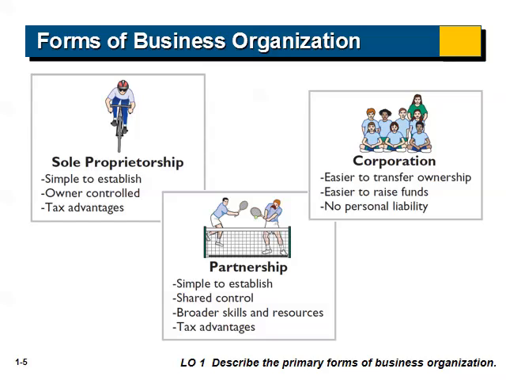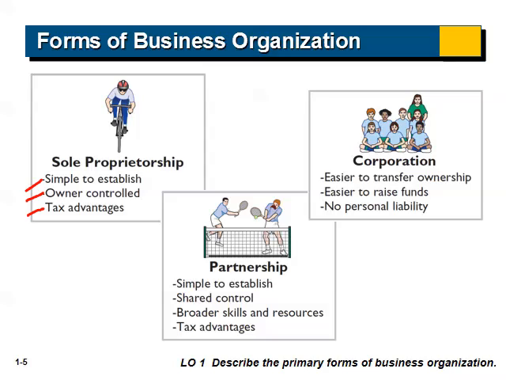If you're by yourself, let's say that you're starting a landscaping company, then you could be a sole proprietorship. It's very simple to establish. You have complete control over it, and there's certain advantages that relate to it, primarily being that you pay tax just as a sole proprietor, not as the business.